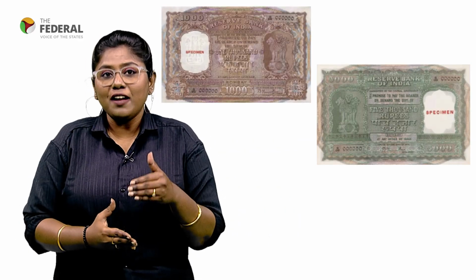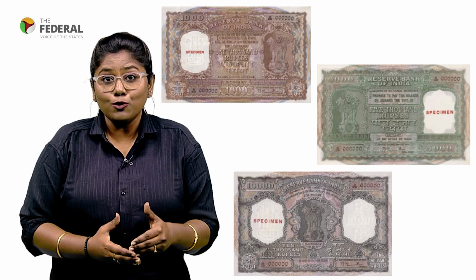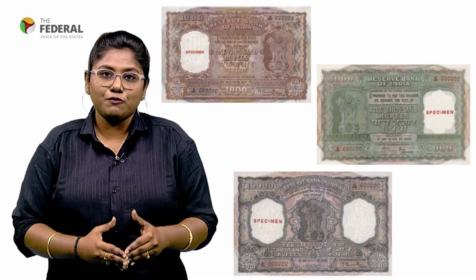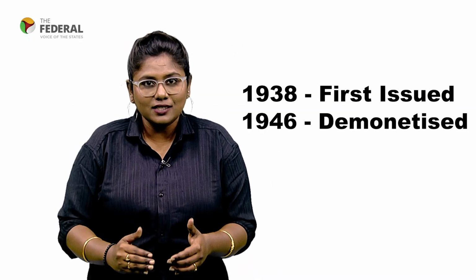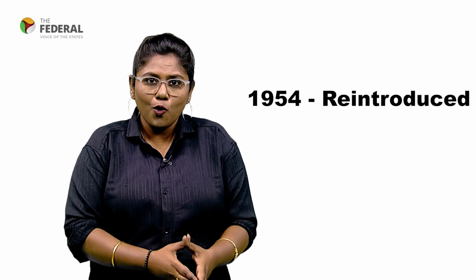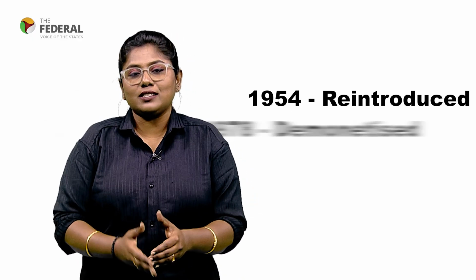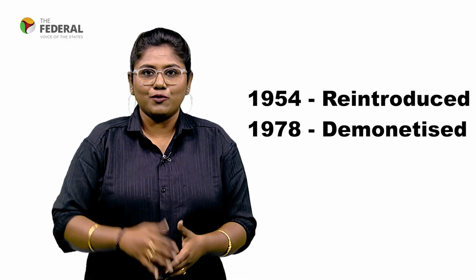High denomination notes of 1,000 rupee, 5,000 rupee and 10,000 rupee were introduced in 1954. Interestingly, these notes had first been issued in 1938 but were demonetized in 1946 to combat hoarding. After their reintroduction in 1954, they were once again demonetized in 1978 for the same reasons.